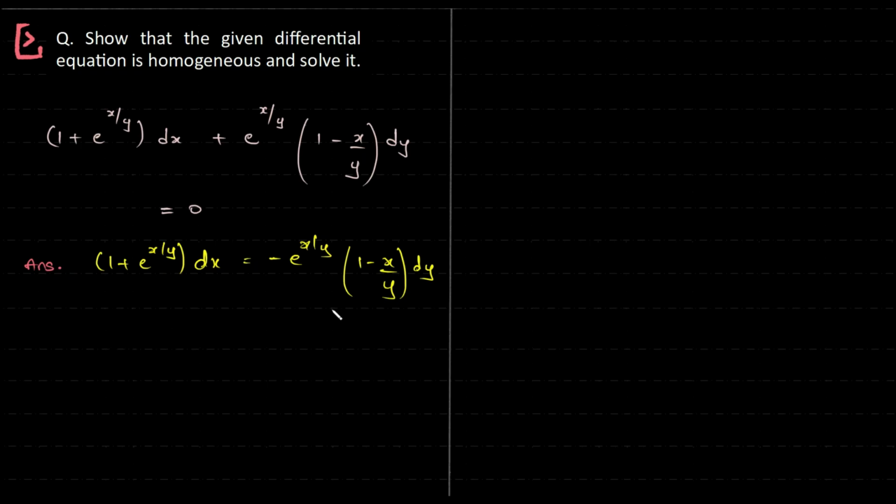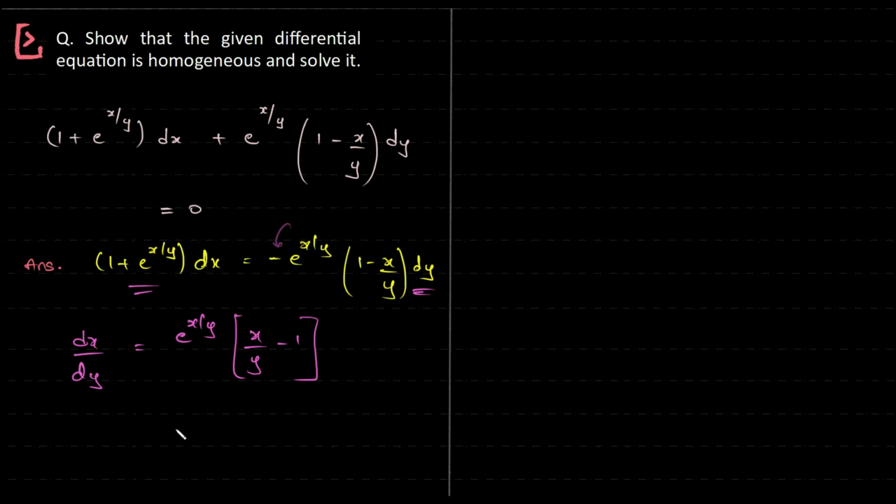No, we're going to transpose this actually, dx by dy. So I'm transposing this expression and this expression, and this is e to the power of x by y, and I'm handling the negative, so x by y minus 1, okay, because of this negative.